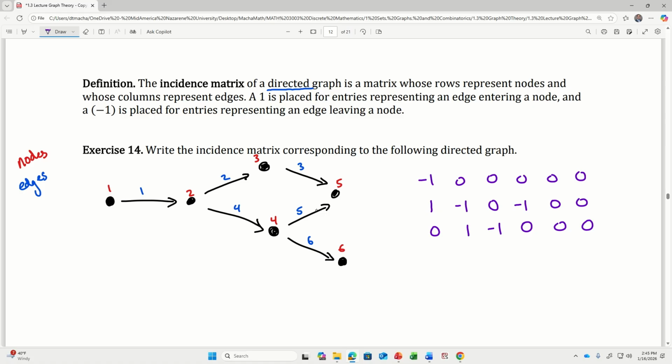The fourth row is the node 4, where 4 is going in, 5 and 6 are going out. No, I got my minus signs mixed up there. 4 is going in, 5 and 6 are going out. For node 5, 3 and 5 are going in, and for 6, 6 is going in.